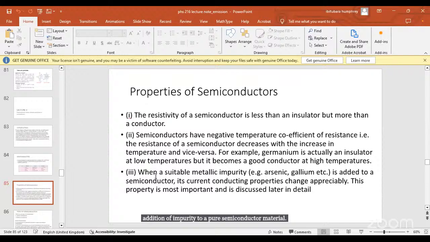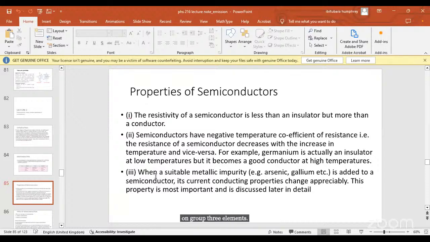When we add an impurity, the impurities are not just dust or sand particles from outside. They are still materials like arsenic or gallium and so on. Phosphorus is there, aluminum is there. That's group 5 elements and group 3 elements.